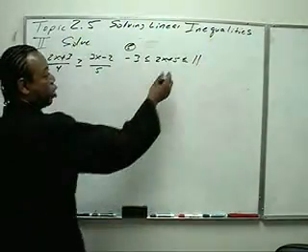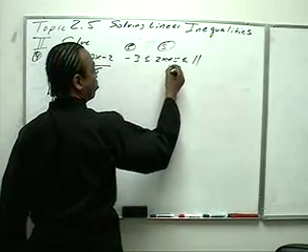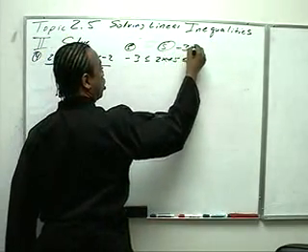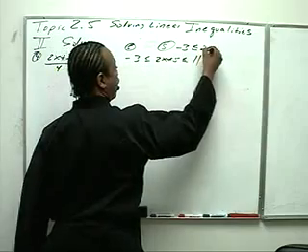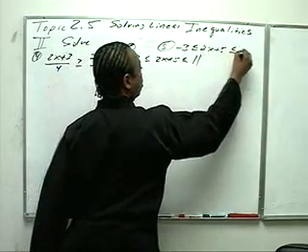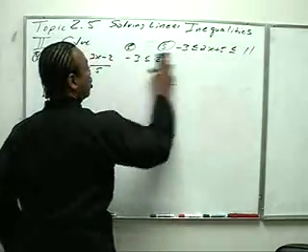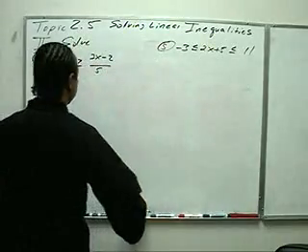Okay, smooth that over a little bit. Number 5, negative 3 less than or equal to 2x plus 5 less than or equal to 11.